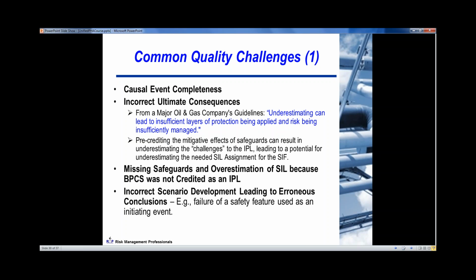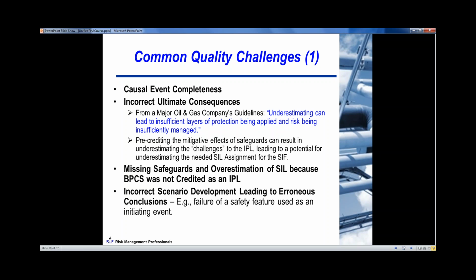So instead of a SIL 1 device, which is relatively easy to do, they may be designing it for SIL 2. SIL 2 is going to be more expensive, not only to purchase and install, but it's also a potential nightmare with respect to maintenance. You've got more equipment, more transmitters to calibrate, higher reliability targets to meet.